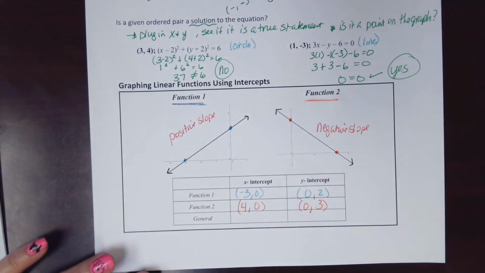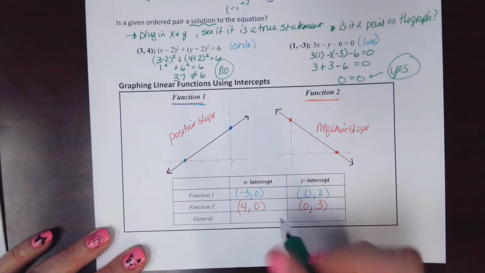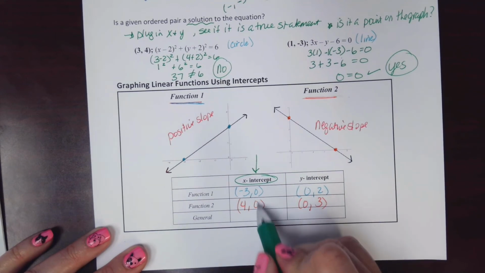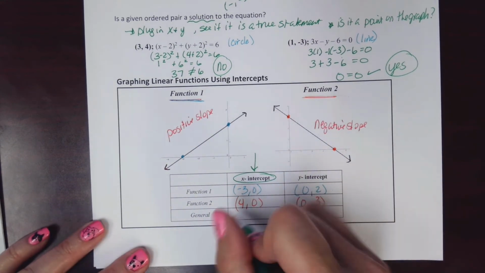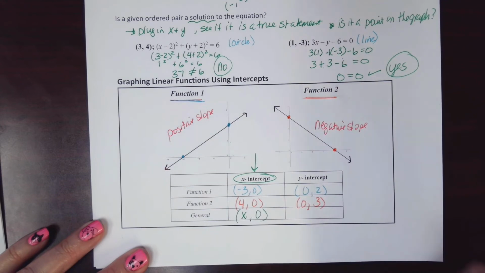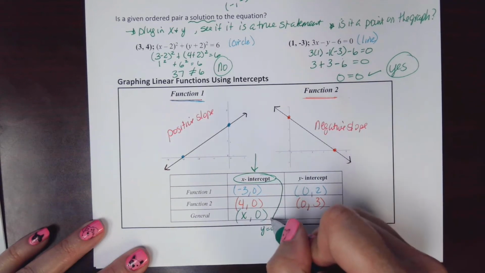So what do you notice is true about both of these functions, function 1 and function 2? For my x-intercept, for both of these values, my y-coordinate is 0. So I have some x-coordinate and then my y-coordinate is 0. That's always going to be true when I'm trying to find my x-intercept.